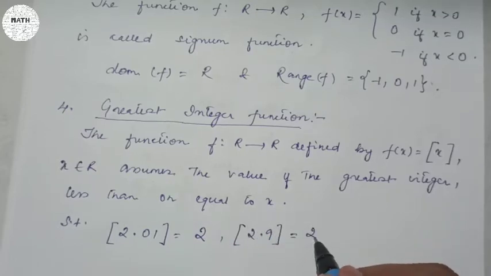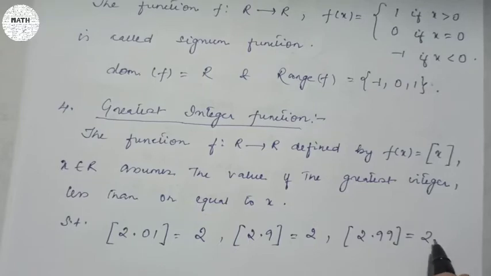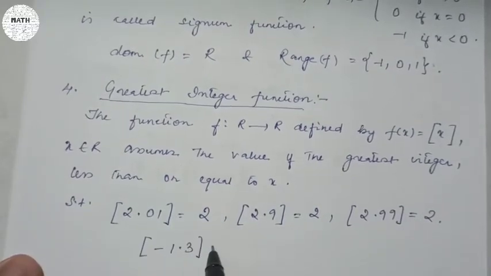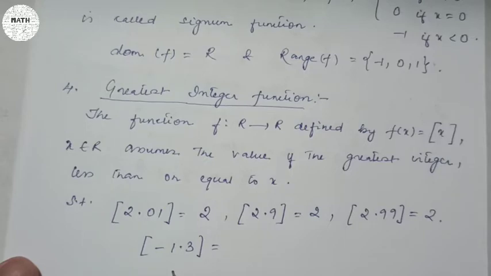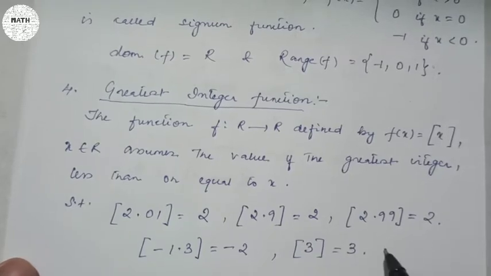So the answer will again be 2. Similarly, 2.99, the answer would again be 2. And lastly, if I say another one, minus 1.3, the integer which is less than minus 1.3 is nothing more than minus 2. Similarly, your 3 doesn't have any decimal point over here, right? So the answer will be 3, and so on. So that's all about your greatest integer function.